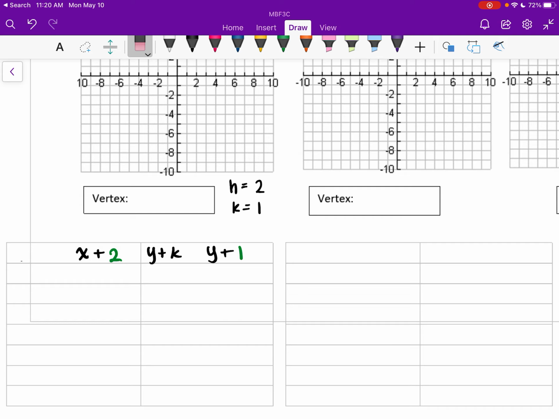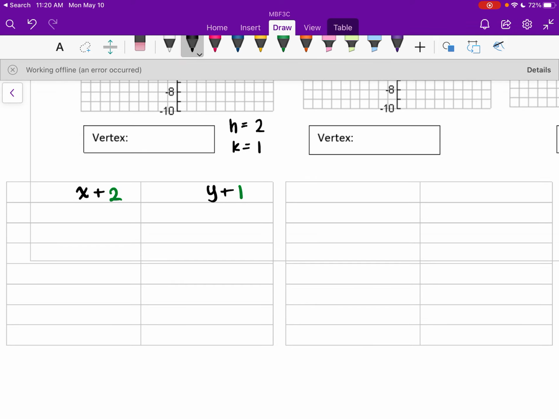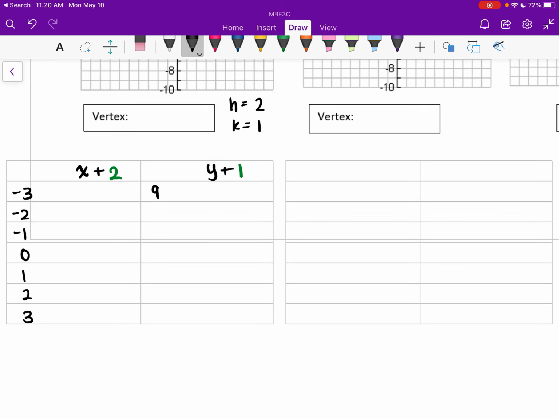Right, so I'm just going to erase this. I'm going to put in my original x's: negative 3, negative 2, negative 1, 0, 1, 2, 3. Same thing on the other side, I'm going to put in my original y values, which are 9, 4, 1, 0, 1, 4, 9. And then I'm going to start adding what I need to add to it. Let's do the x's first. Negative 3 plus 2 is going to give me negative 1.